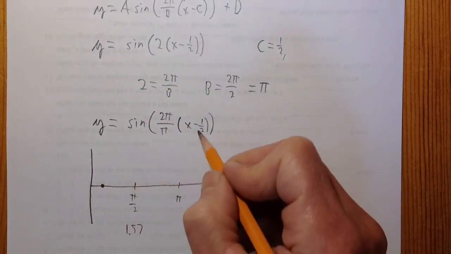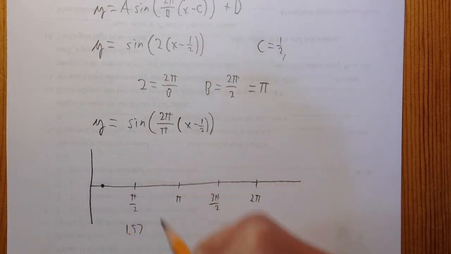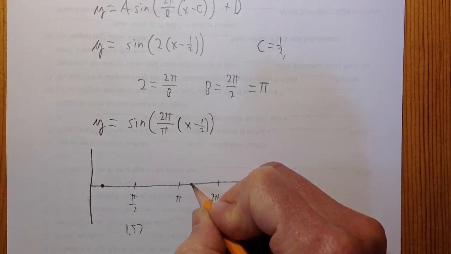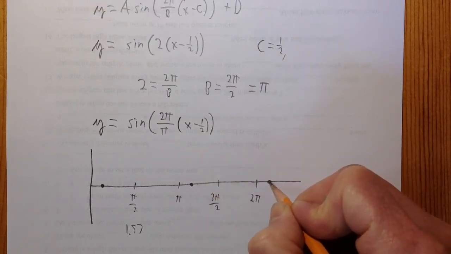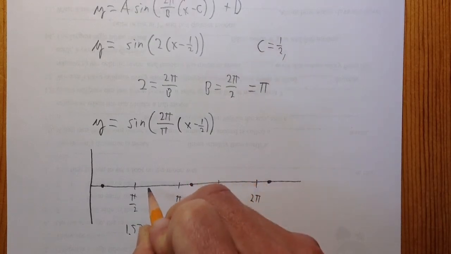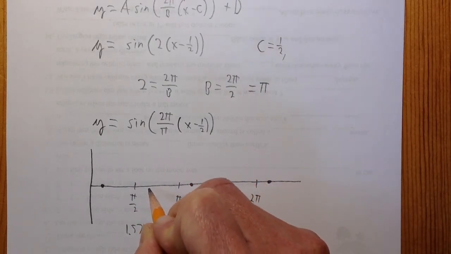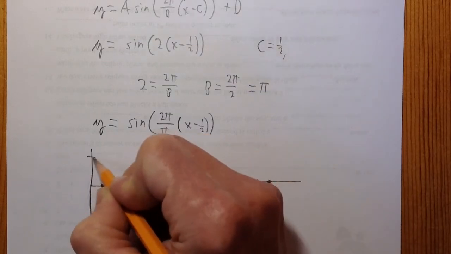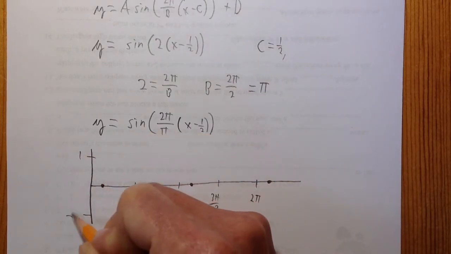And remember, sine starts where it starts going up, and the period is pi. So I add pi to that, so it's always a little bit more than pi, a little bit more than 2 pi. And halfway in between, we could figure out the numbers, but I don't need to. I'm just going to guess. It's also going to hit here. And it's going to go up to 1 because its amplitude is 1, down to -1.